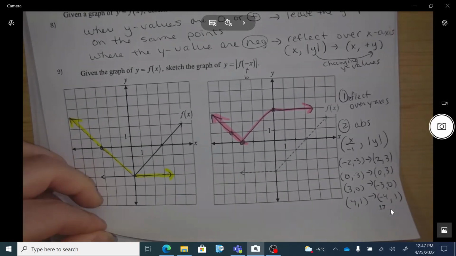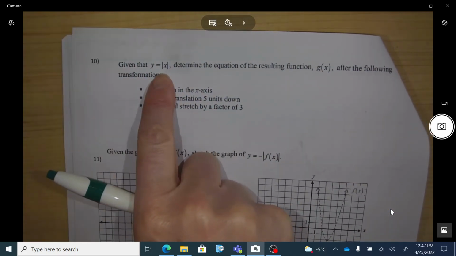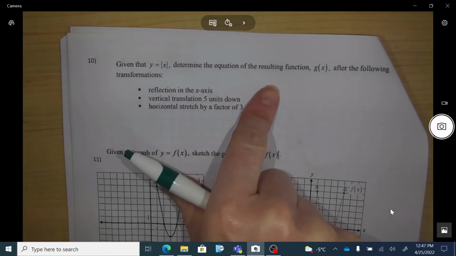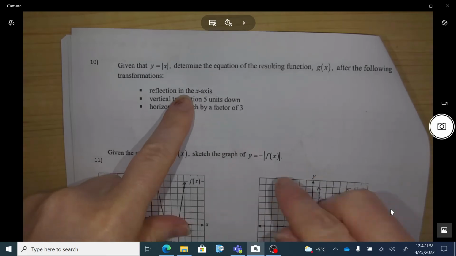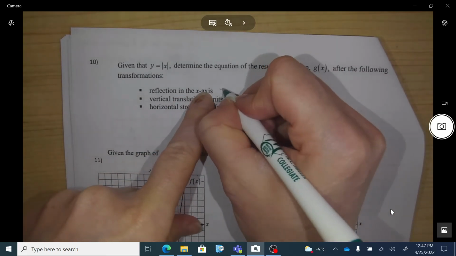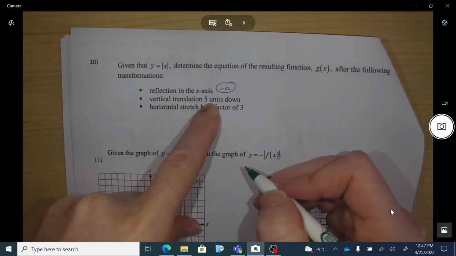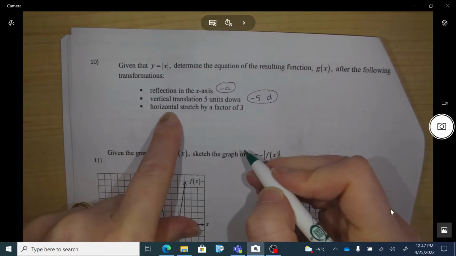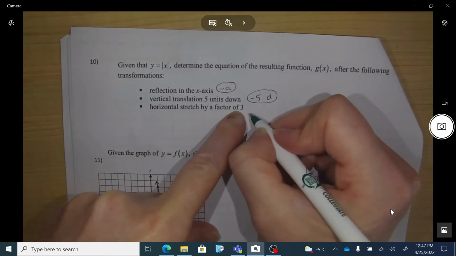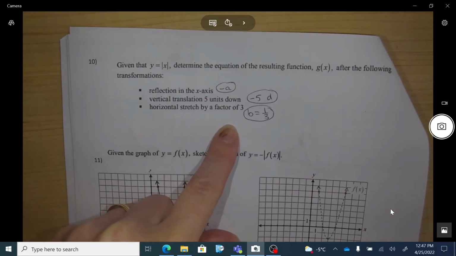Okay, arrows on both sides because that's the original. Okay, given that y equals the absolute value of x, determine the equation of the resulting function g after reflection over the x-axis, so -a, vertical translation, so we need a d, horizontal stretch by a factor, so that actually means b is 1/3, remember that.